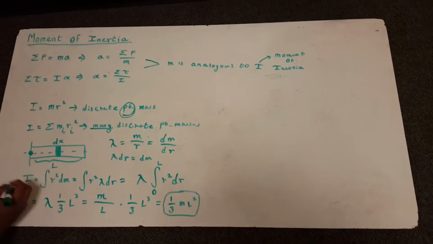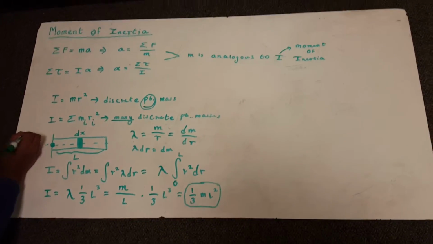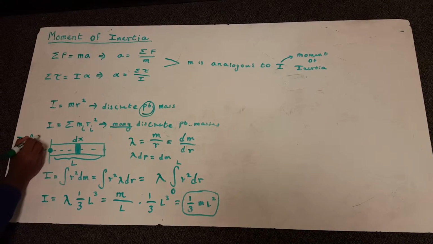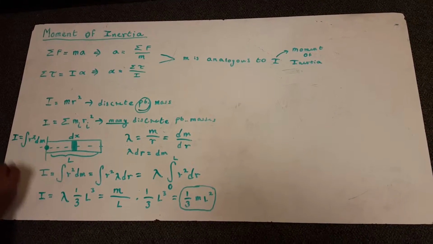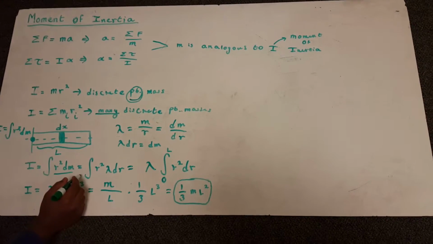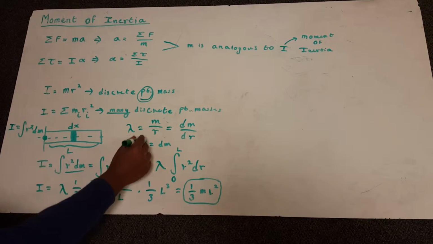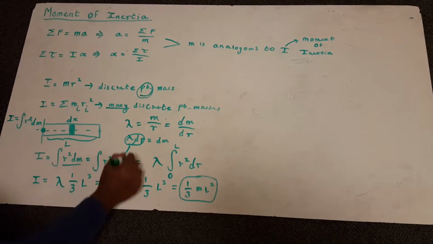There is the statement that the moment of inertia is equal to the integral of r squared dm, which is right here. So we replace dm with our statement right here.